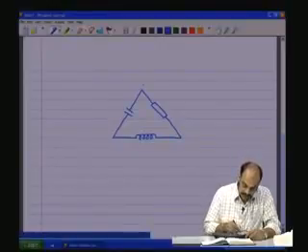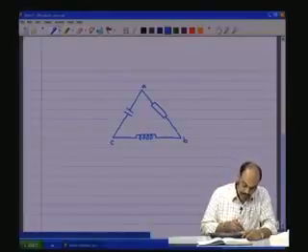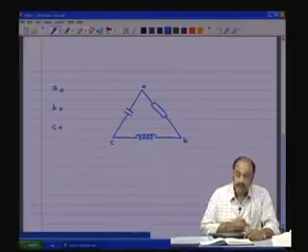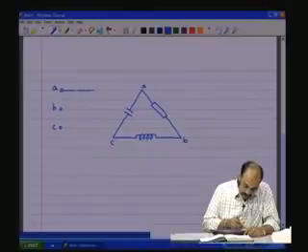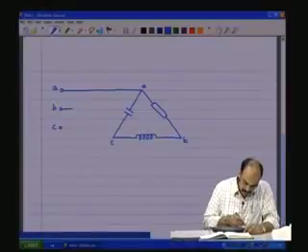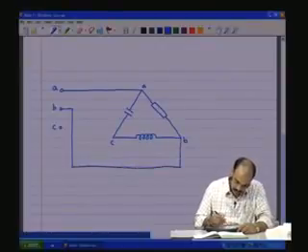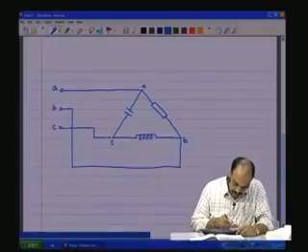Let us say this is the A point, B point, and the C point, and we have the three source terminals A, B, C 120 degrees apart from each other. They are connected as indicated here, and we have the B, which is connected to the B terminal of the load, and we have the C, which is connected to the C terminal of the load.